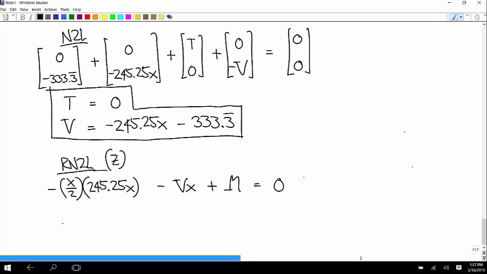And now we're solving for M. So we get M is equal to Vx plus 122.625 x squared.